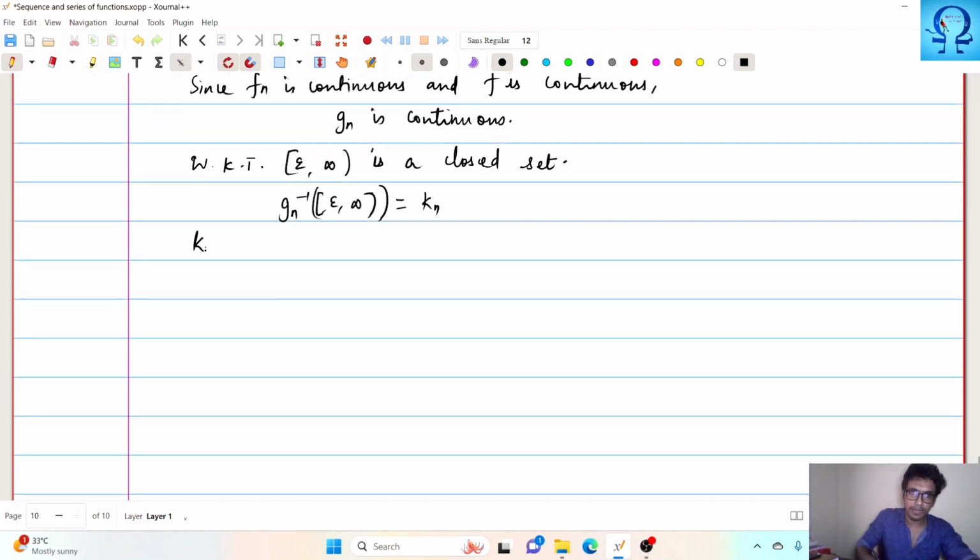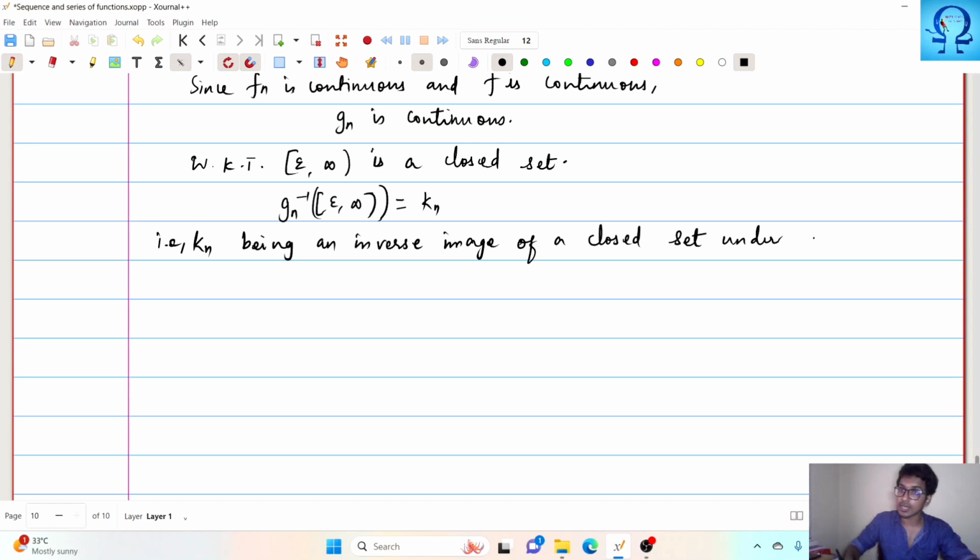So Kn is the inverse image of a closed set under Gn, which is a continuous map.